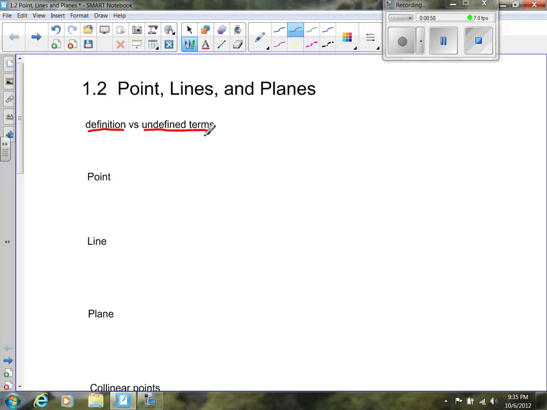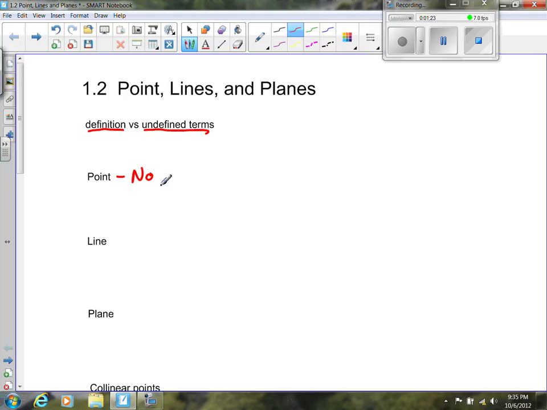So when we try to talk about a point, it is actually one of these undefined terms, because basically a point is just a concept. You can't really define it with other known words. You just have to talk about it and agree what a point is.